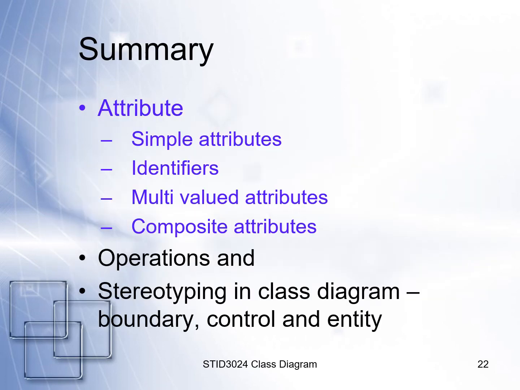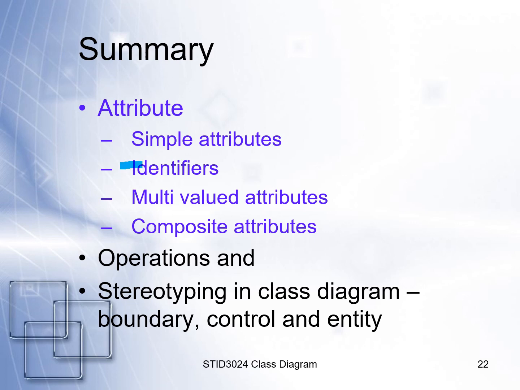Right, what we have covered so far, been looking at three parts of the class diagram: attribute, operation, and stereotyping. Okay, attribute itself can be in a simple form. It can either have an ID, but not all the time for the ID.